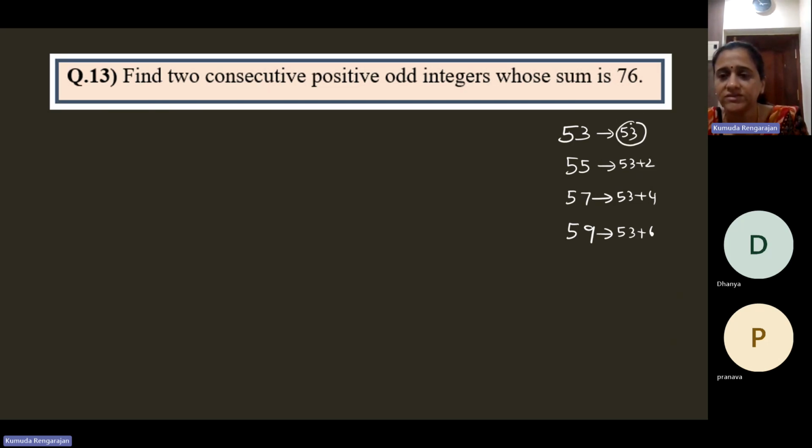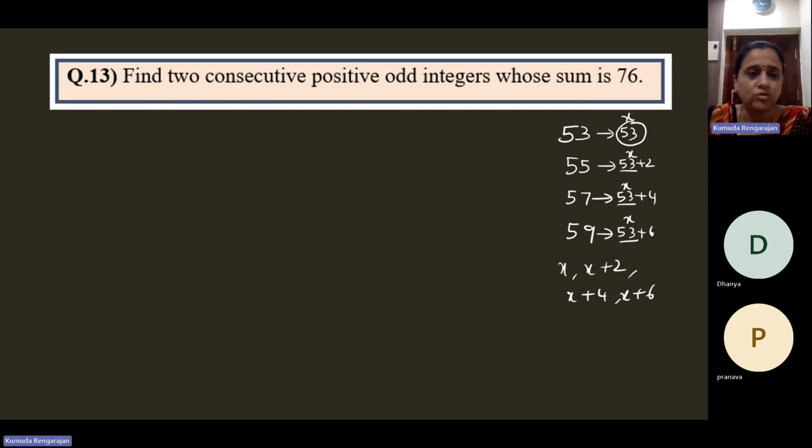So if you take 53 as x, then 55 is x plus 2, this one is x plus 4, and this one is x plus 6. So four consecutive positive odd integers, or simply four consecutive odd integers, are x, x plus 2, x plus 4, and x plus 6.